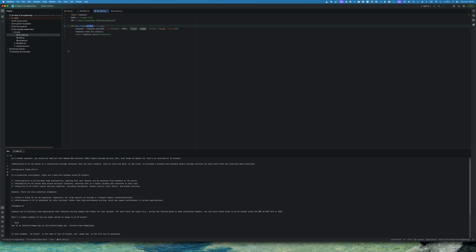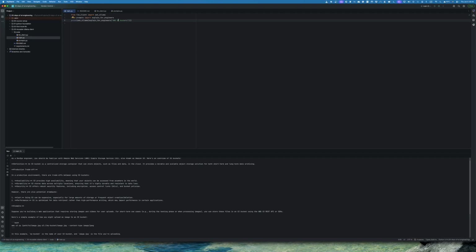This is fine. Maybe let us tweak the prompt. Instead of production trade-off, let us say real world application. Real world application, include definition, and we just need to change the topic as well.